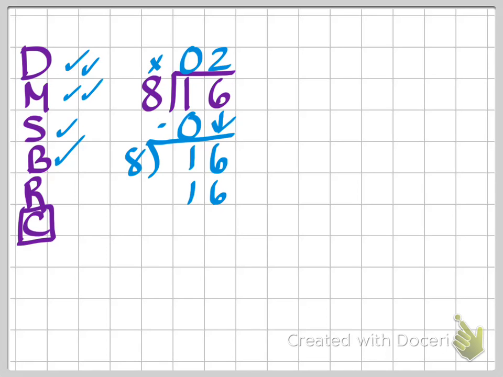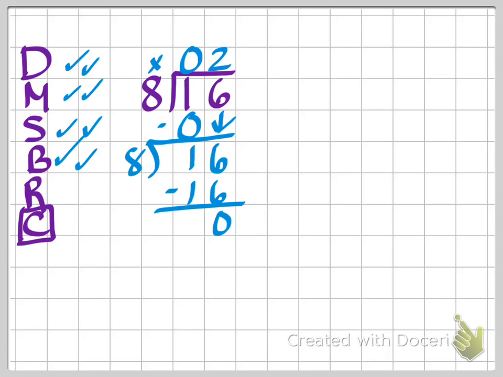You multiplied, check. Now you have to subtract. 16 take away 16 is 0. Check, and bring down. But again, there's nothing there, so you don't have anything to bring down. And we don't need to repeat because there's nothing else there. And there's no remainder because there's nothing left over. It's a 0. So now we get to go ahead and check our work.